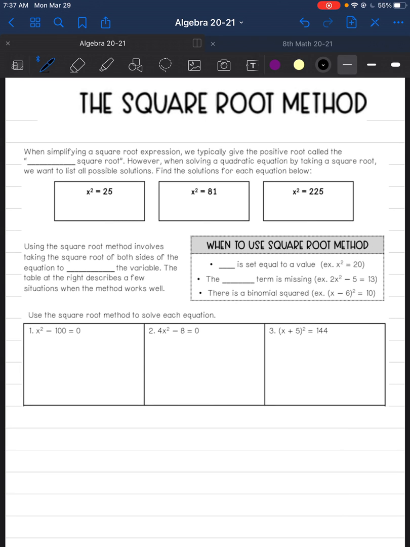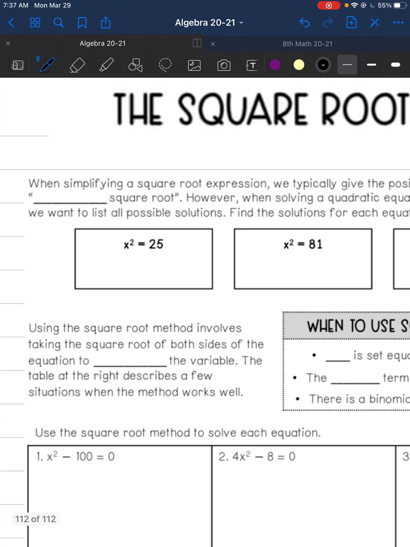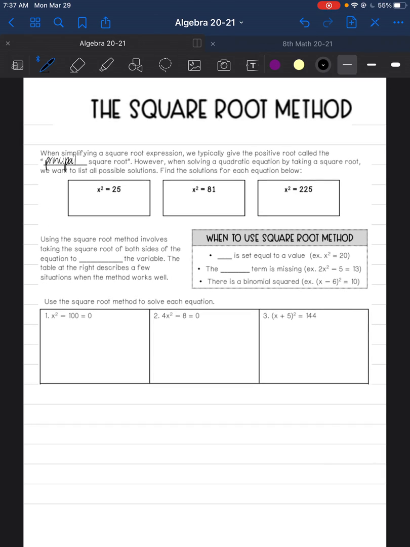So when simplifying a square root expression, we typically give the positive root called the principal square root, like we did for the simplifying. However, when solving a quadratic equation by taking a square root, we want to list all possible solutions. We're going to find the solutions for each equation below.